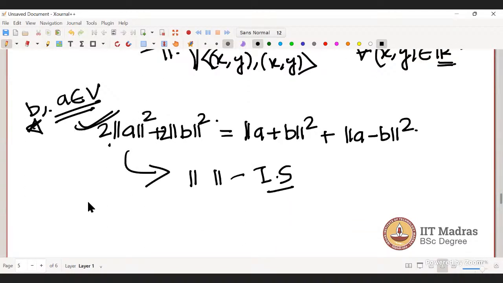Is it clear, Prithvi? Yes, sir. So now, sir, it is not obvious that the norm would be defined as such, so norms can be different.